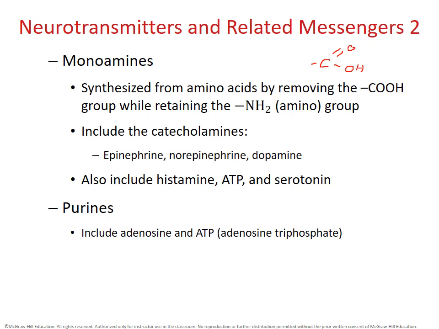Every amino acid has an amino group at one end and a carboxyl group at the other end. If we pull off the carboxyl group, what we have left is something called a monoamine, slightly smaller than a typical amino acid.